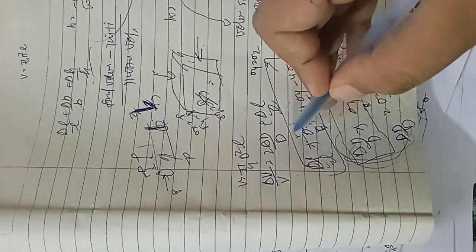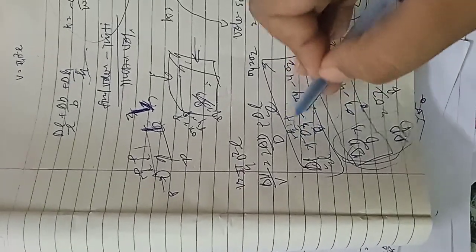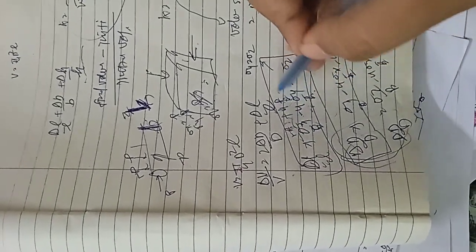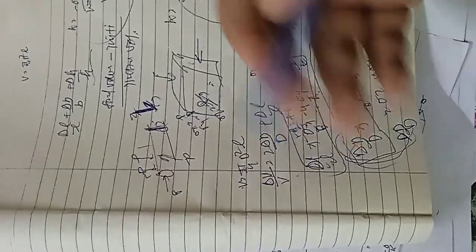This will become minus p by E, plus mu p by E plus mu p by E. So you can find that the concept of bulk modulus, volumetric stress upon volumetric strain, is mainly useful for a rectangular body. If sigma x, sigma y, sigma z are given, then you can easily find the volumetric strain.